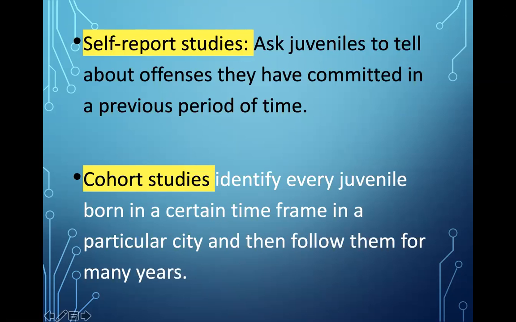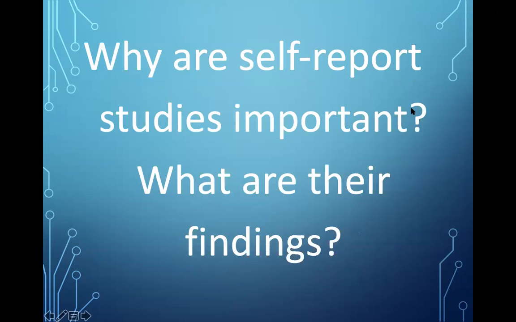So again, self-report studies ask juveniles to tell about offenses they have committed in a previous time period, whereas cohort studies identify every juvenile born in a certain time frame in a particular city and then follow them for many years.